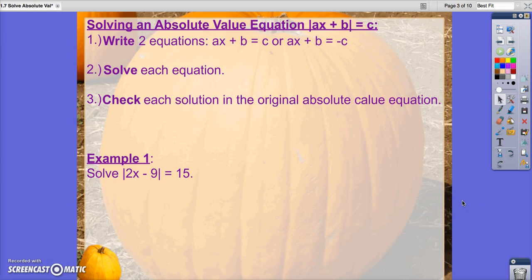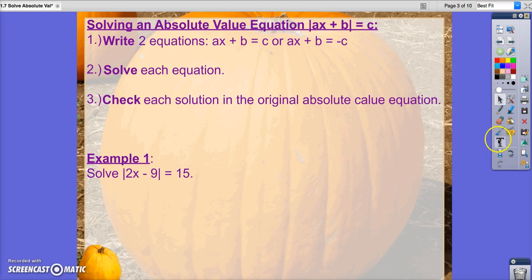So instead of changing all the signs inside, we're taking it to the other side of the equation. That's the hardest part. Once you know how to write them, step 2, solve each equation. You have 2 equations for each of these. Step 3, make sure you check each solution in the original absolute value equation. Okay?